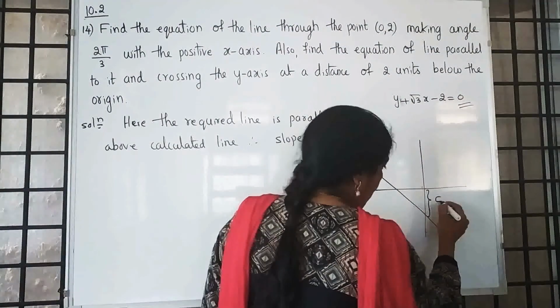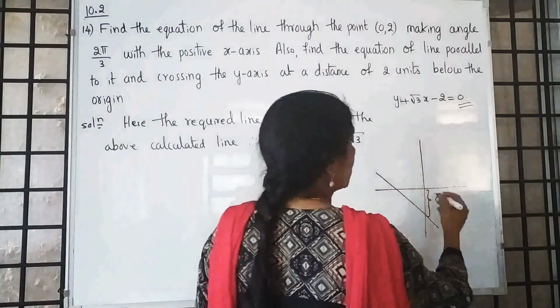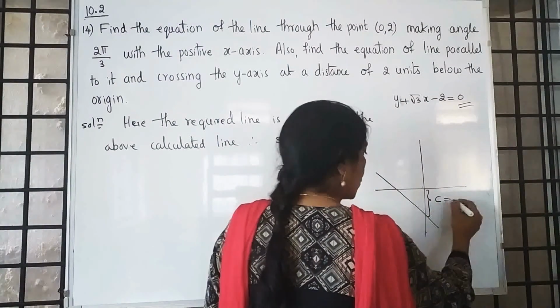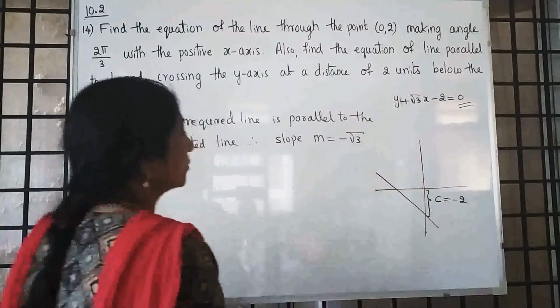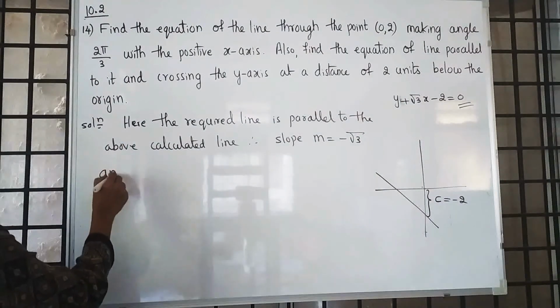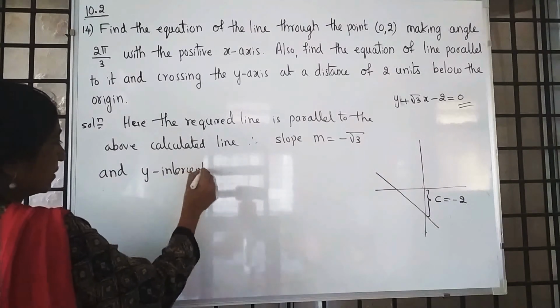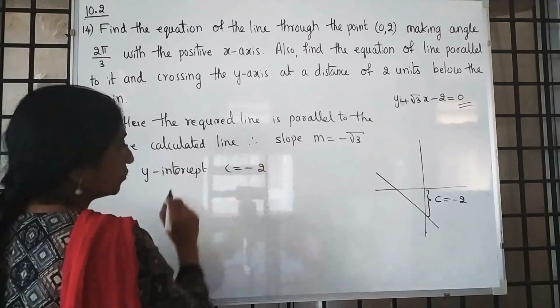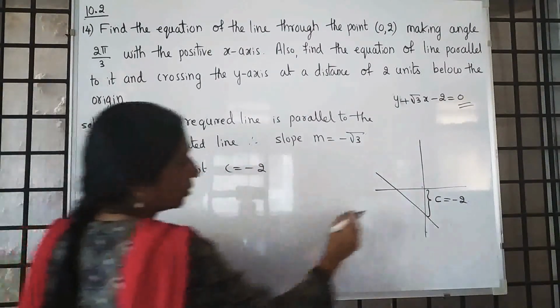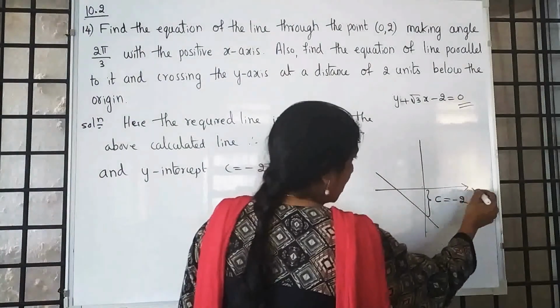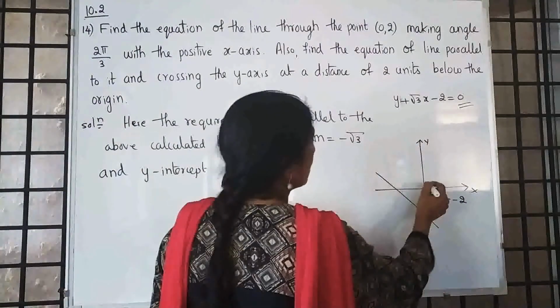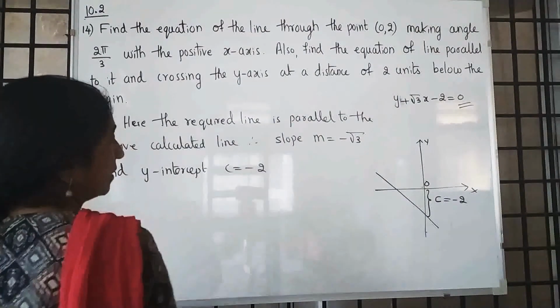Y-intercept is denoted by c, and it is below, which means y is negative. So c is equal to -2, y-intercept c is equal to -2. You know why we took -2? Because it is below the origin, and below the origin y is negative. That's why c is equal to -2.